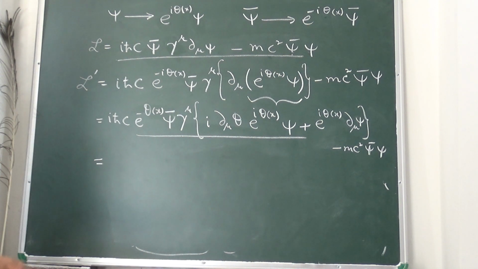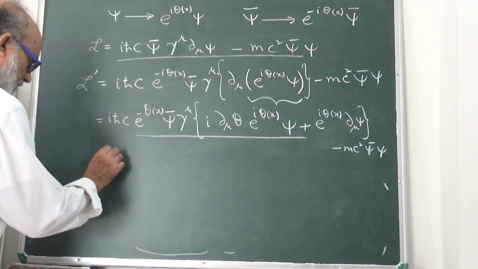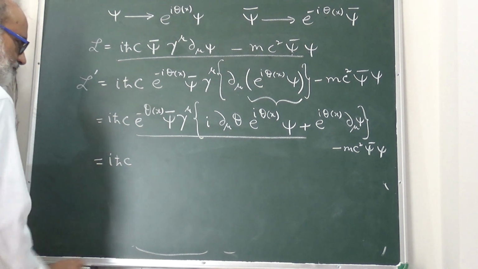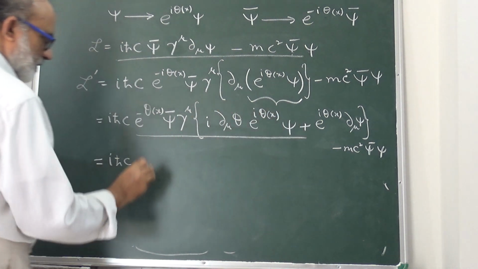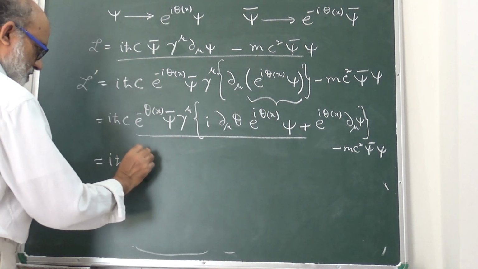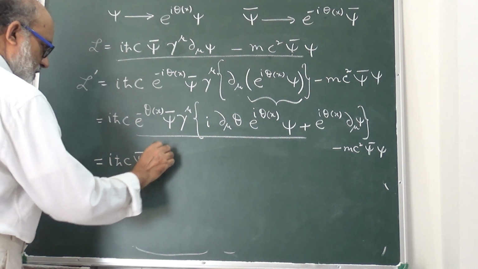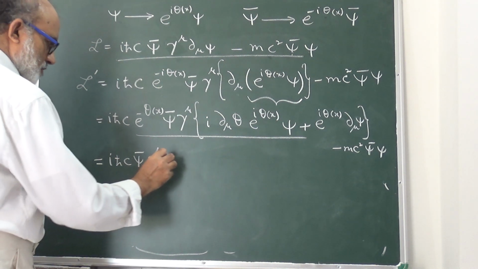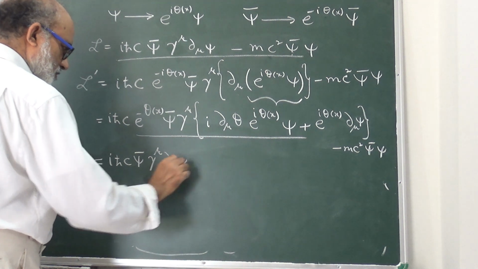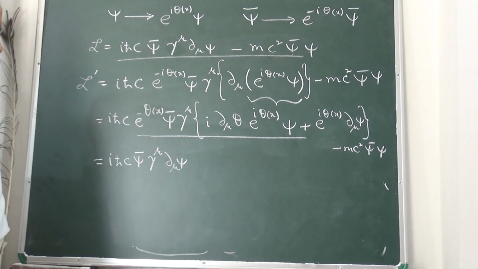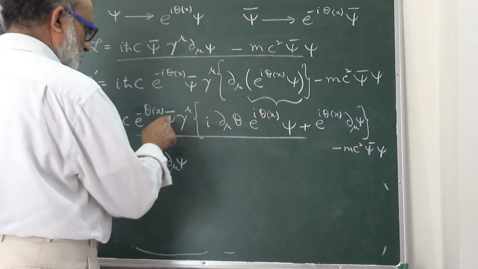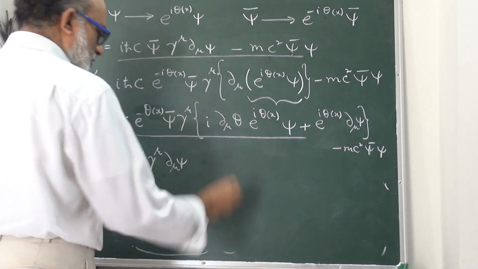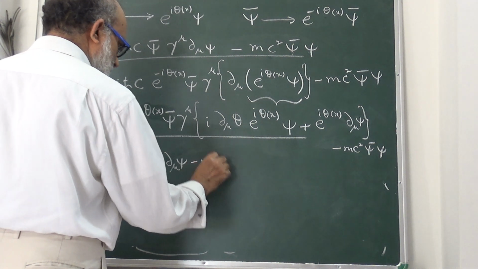So the extra factor is i h cross c, psi star gamma mu, and this e power i theta minus mc square.